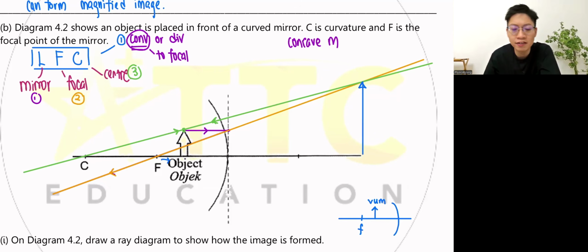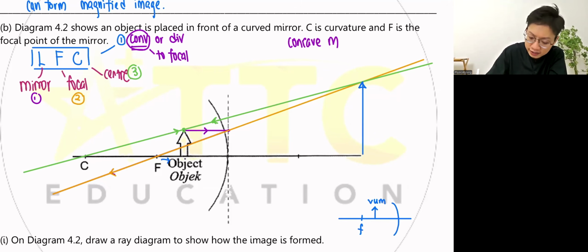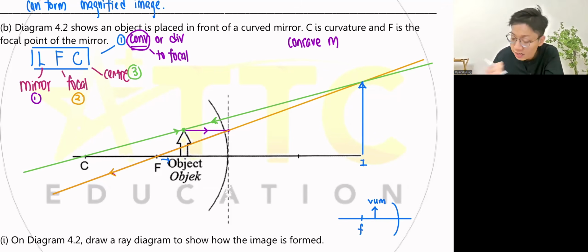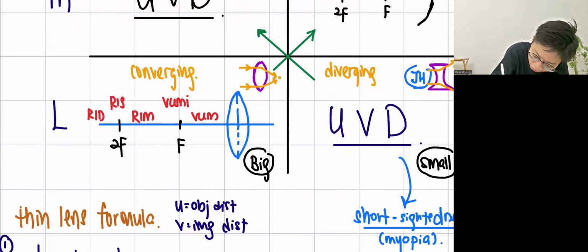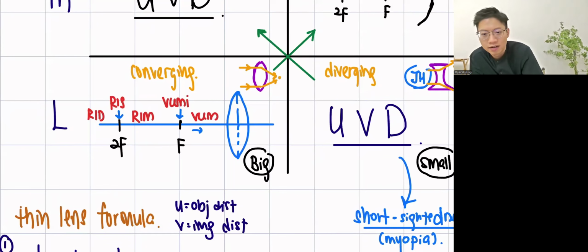So it's virtual, upright, magnified. So is this magnified? Yes. Where is VUMI? VUMI is at F. See or not? Your F, this is VUMI, with the same size. This in front of F is virtual upright magnified.